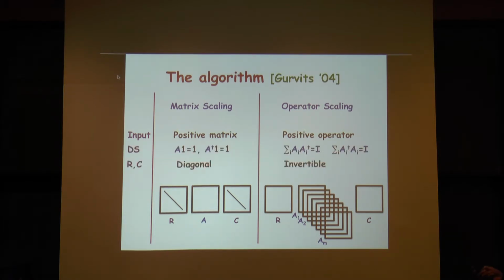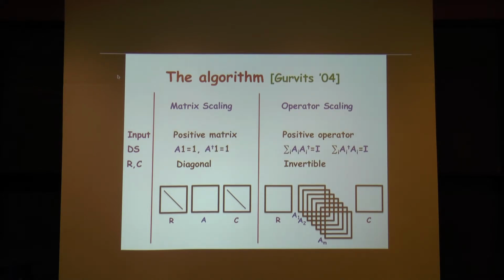We want to make it doubly stochastic by applying diagonal matrices from the left and the right. With a positive operator, we have a tuple of matrices, and we'll try to make them doubly stochastic, again, by multiplying them on the left and the right by any invertible matrices, not necessarily diagonal. That's a natural quantum generalization.